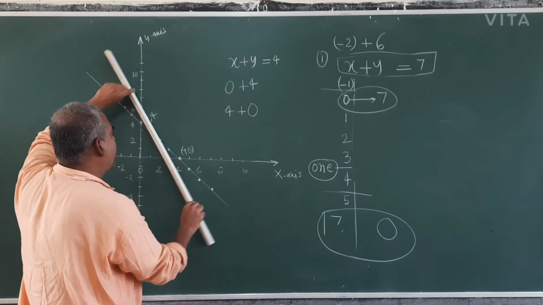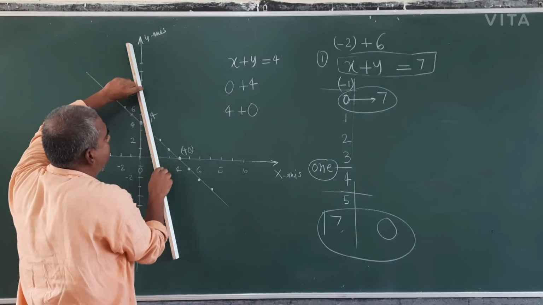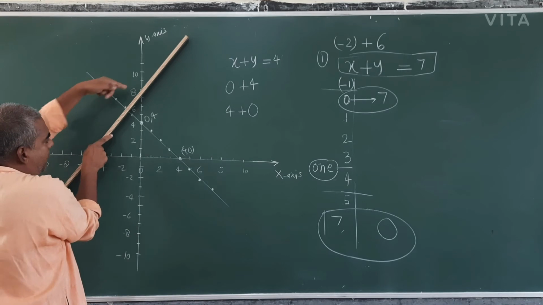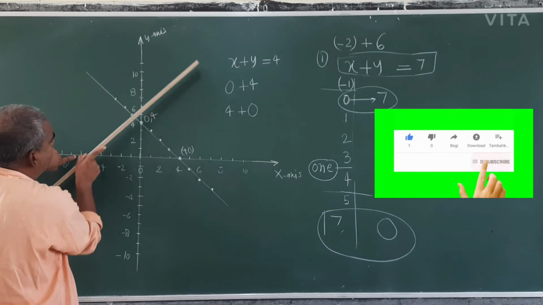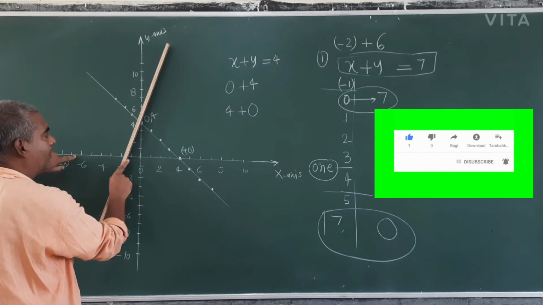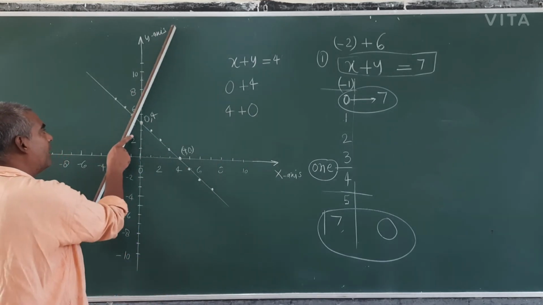And every time lines will cut the x-axis and y-axis at some point. Suppose the line is made like this, so it will cut the y-axis at one point and the x-axis at this point. Every line will cut. The question goes another: no sir, every line, how does it cut?